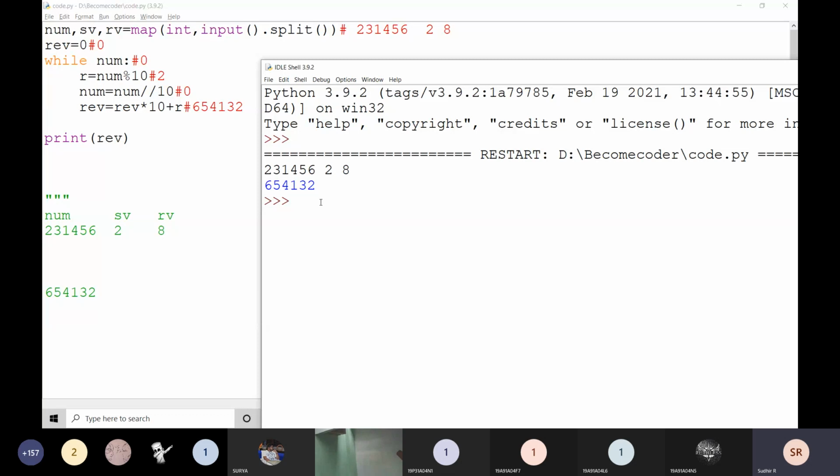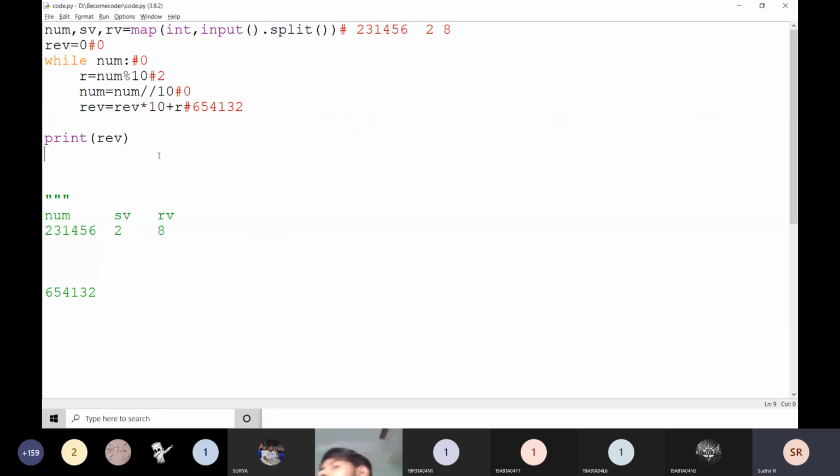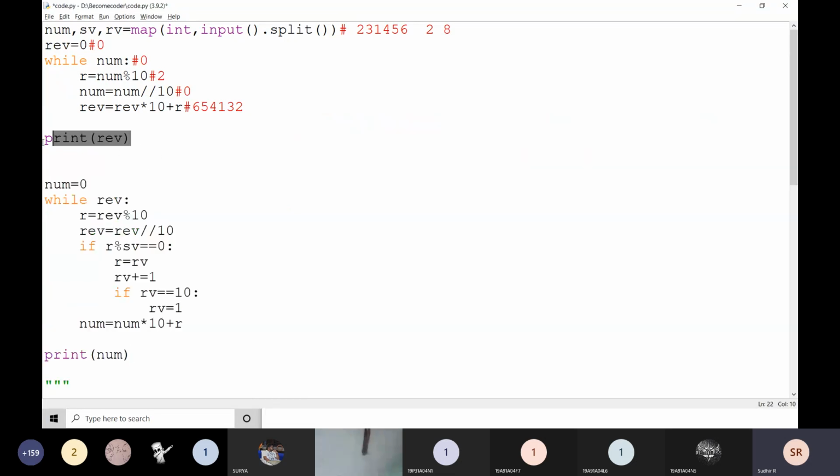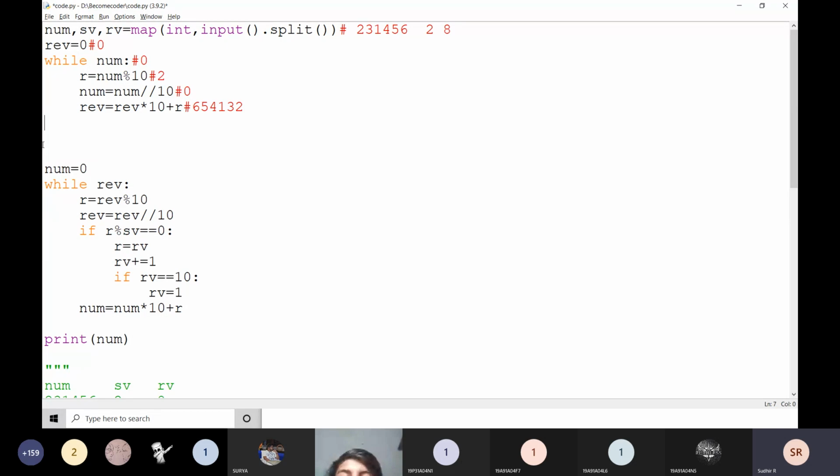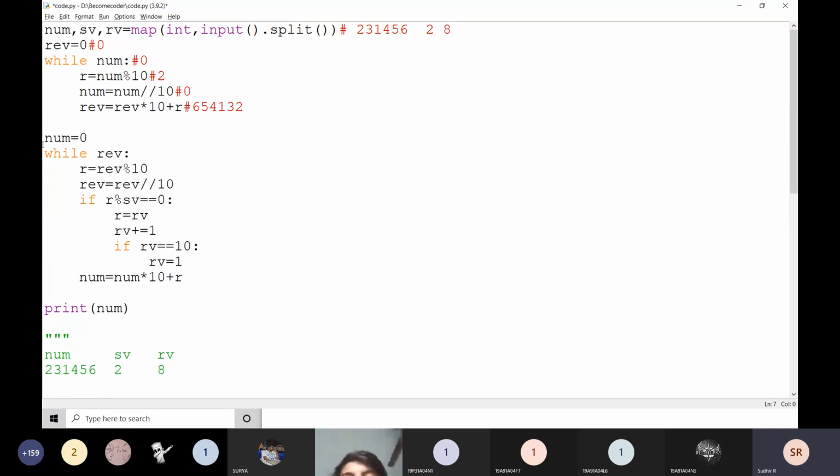If it is wrong, I have to stay here and I have to solve it. Then only I will move to the next step. Okay, don't go for the next step. We have to fix the problem here and we have to go to the next step. Yes, my program is working perfectly. Then that means REV value is in a reverse order now.